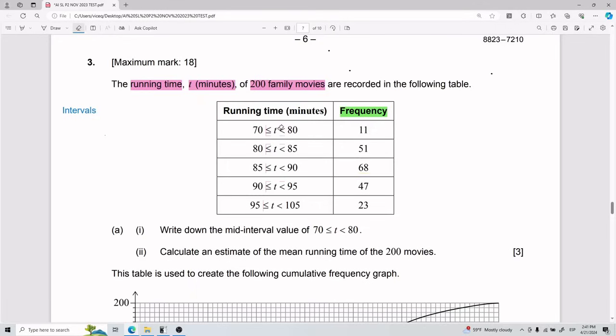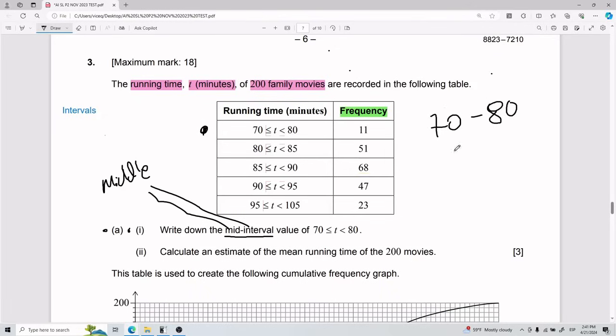And so for part A, part I, we need to write down the mid-interval value of 70 to 80. So this first guy here, right? Now, the mid-interval value, following its name, mid for middle, and interval, is the middle of the interval. So what is the middle of the interval between 70 and 80?